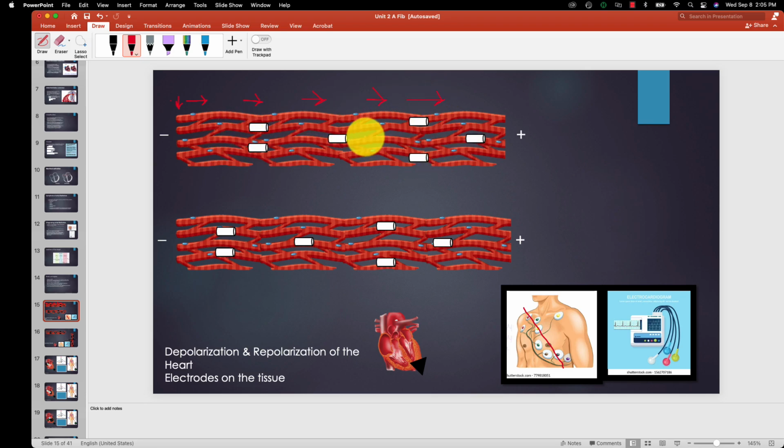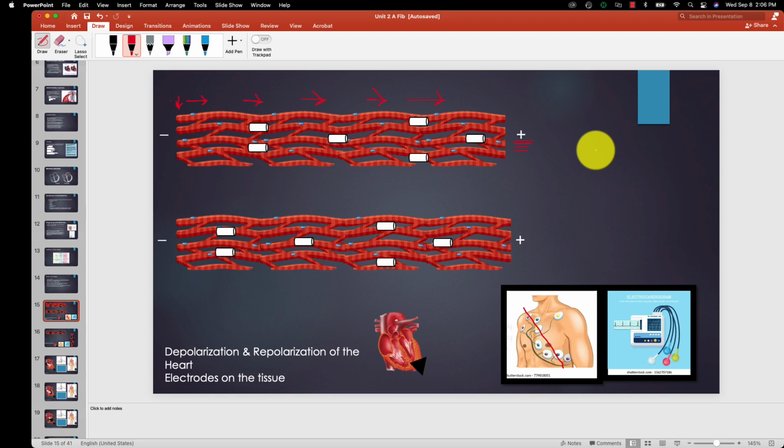And we are getting this positive movement of ions this way. And what's happening is, in this particular case, look at what direction they're heading towards. The positive charge in the signal is heading this way, away from the negative electrode and towards the positive electrode.